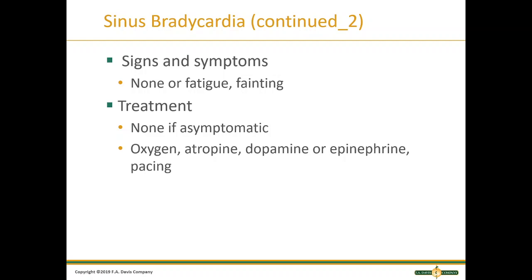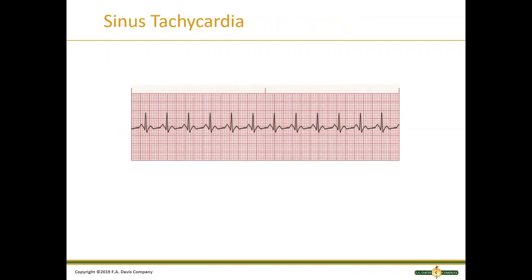Some people are just that way, or they might exhibit fatigue, and they can faint if it's very severe, not normal for them. There's no treatment if they're asymptomatic. If their body just works that way, then there's nothing they'll do. If it's needed, they can do oxygen, atropine, dopamine, epinephrine, and pacing.